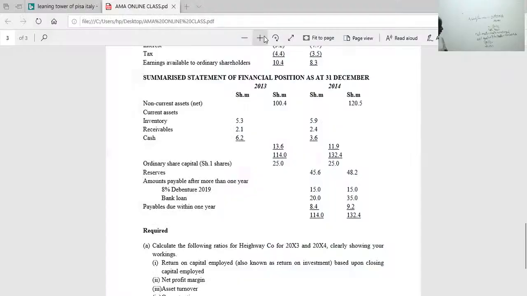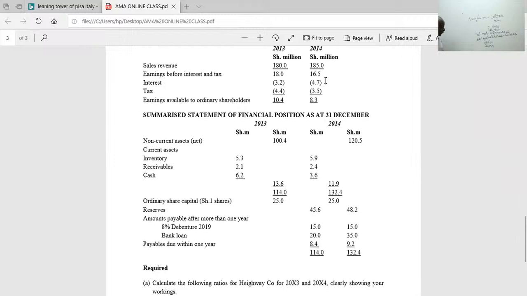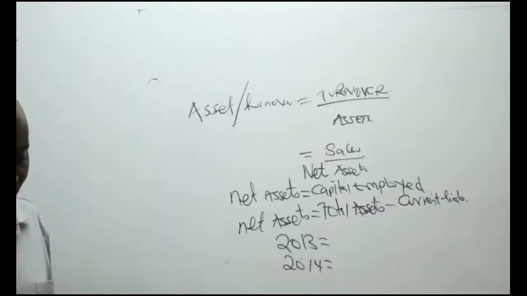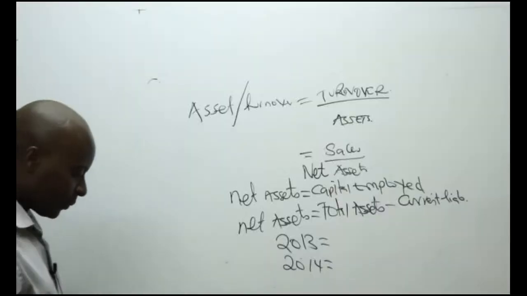In the comment section, remind us the figures. Give us the net assets for the year 2013 and net assets for the year 2014. Are they talking? Not yet.